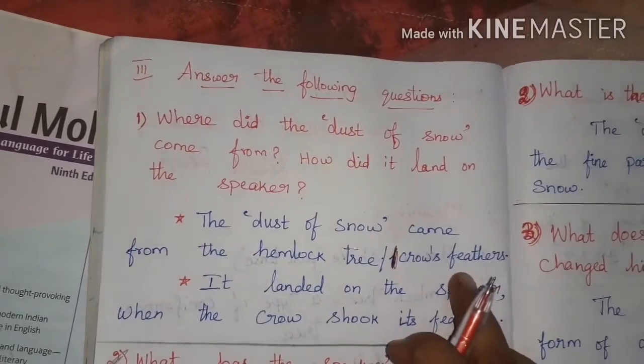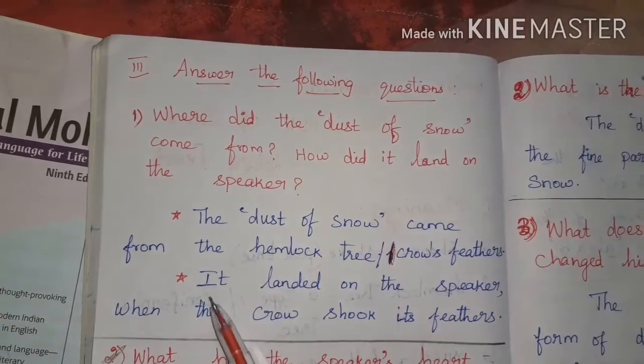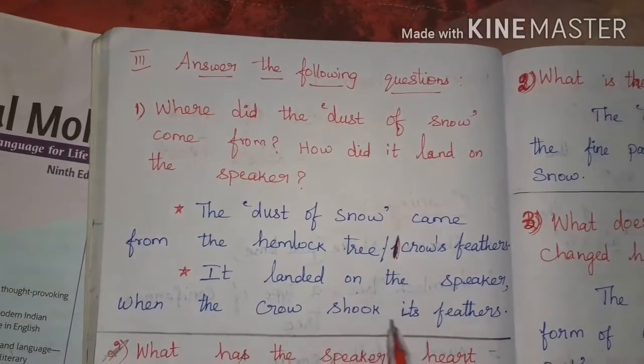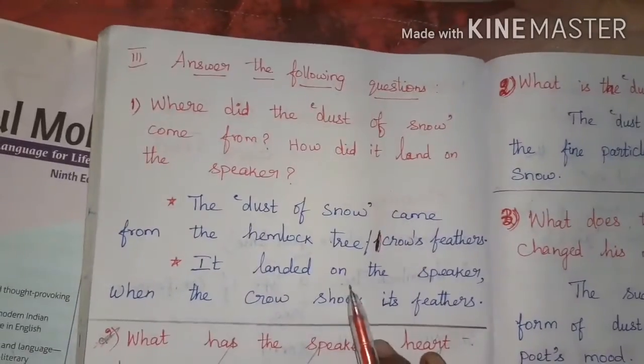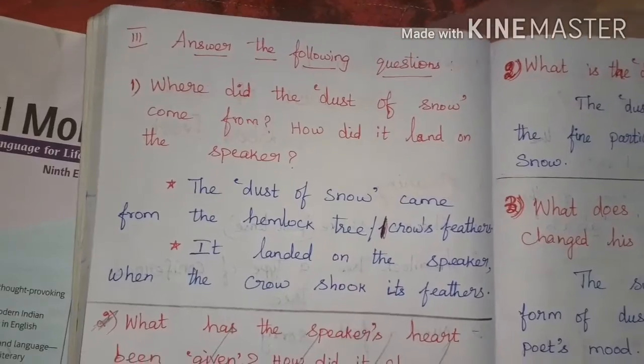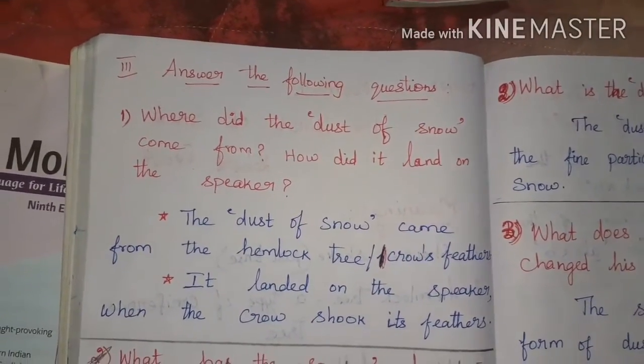Then, how did it land on the speaker? It landed on the speaker when the crow shook its feathers. Okay, so this is the first question.